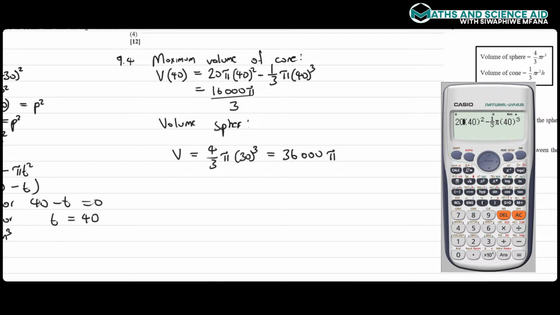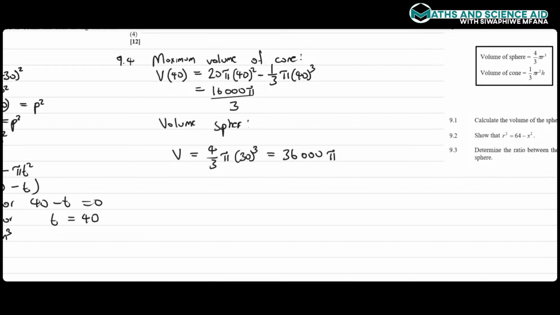So 20 pi 40 squared, minus 1/3 pi 40 cubed. Now I like this: 32,000 pi over 3. So this should be 32,000 pi over 3.